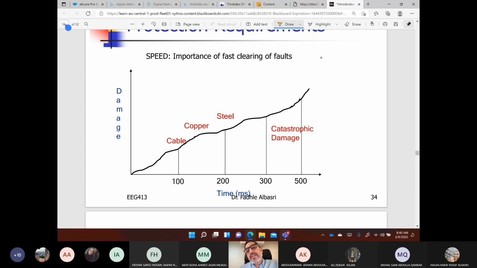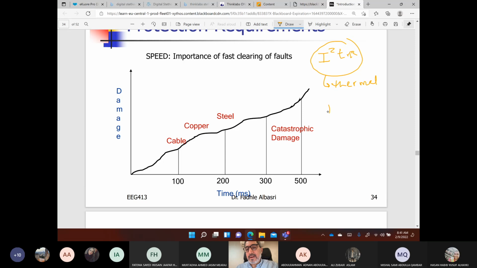So we imagine that I squared T times R, the thermal energy, is proportional to this, where R is the resistance of the conductors. So this is the thermal energy generated from the fault.